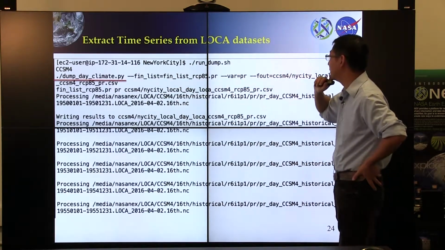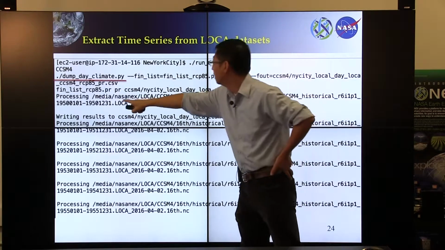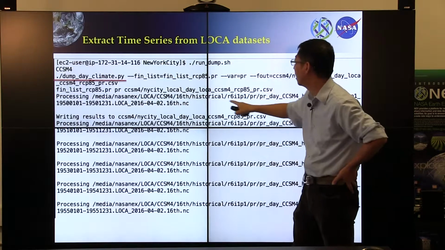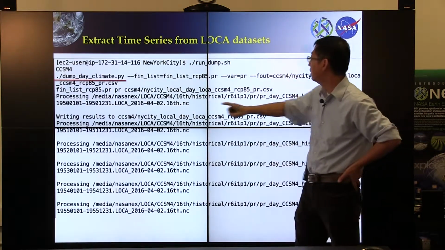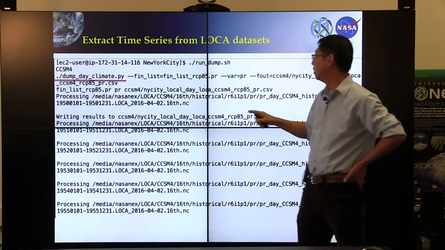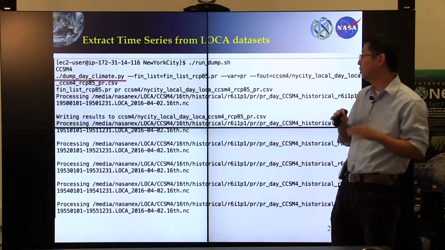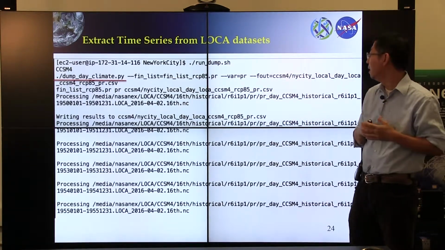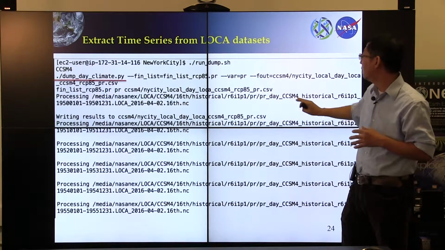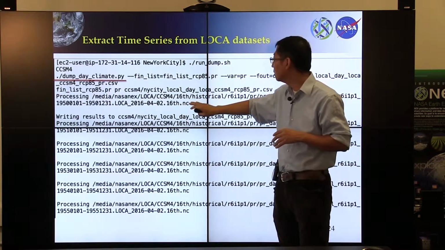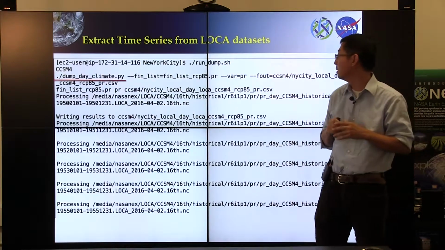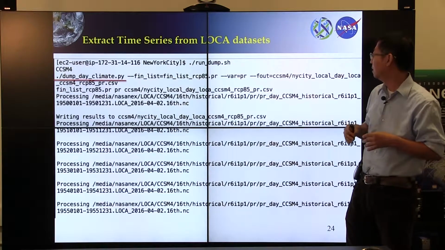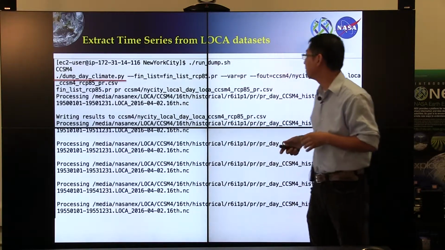Now, some of you may notice this is the original data path. You can follow this link and look at the original LOCA data. They're in netcdf file format. If you know netcdf format, you know you can use ncdump or those tools to get a lot of information from the headers. If you don't know, just let you know that netcdf is a very common scientific data format. You should search online and learn a little bit about netcdf. All right.